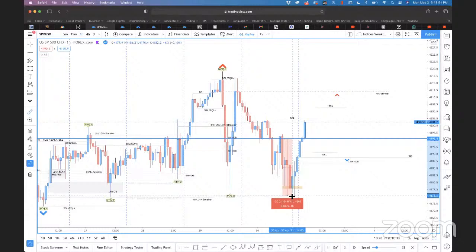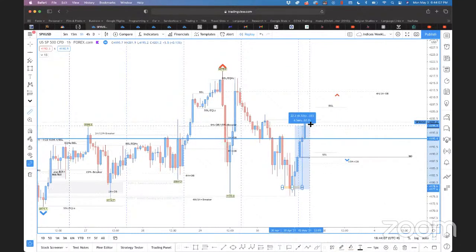But look at what you should have been looking at. Should have been thinking, are they selling this to buy it? Yes, they did. So 200 right here, and this will keep going.